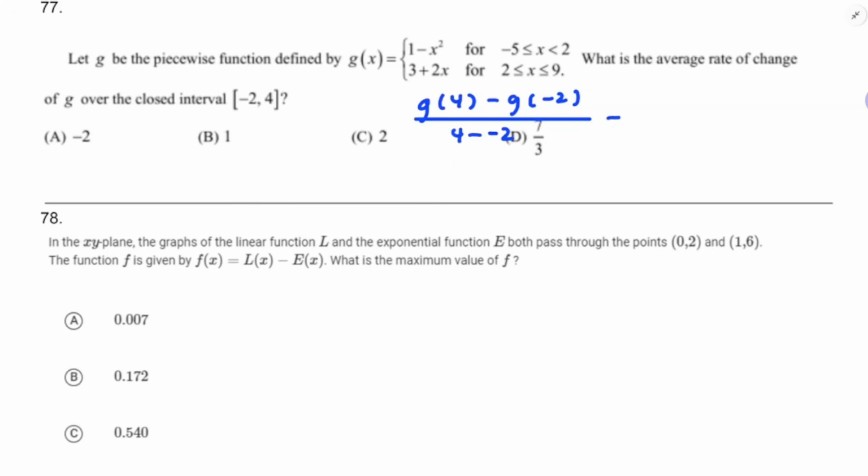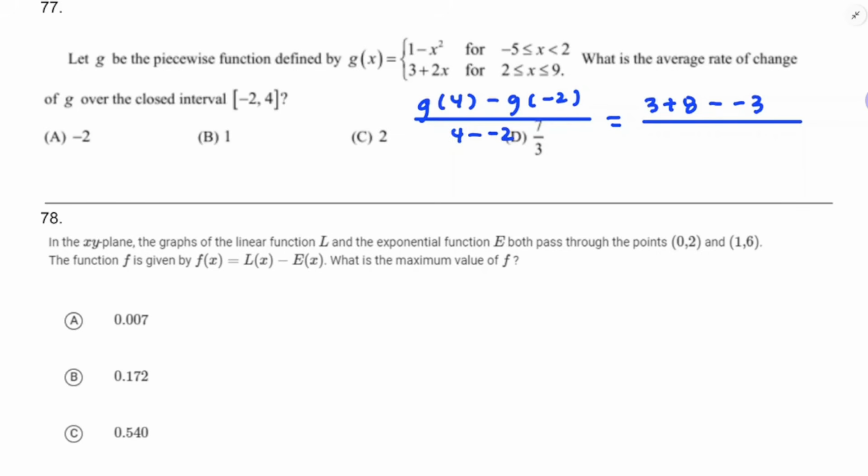Okay, so that's going to equal g of 4. 4 is between 2 and 9, so that's 3 plus 2 times 4. I'm just going to leave it like that and deal with the arithmetic after. I've got a calculator in case I need it, but I don't think I'll be needing that. 3 plus 8 minus g of -2. Okay, well, -2 is between -5 and 2, so I'm going to do 1 minus the square of -2. 1 minus 4 is -3.